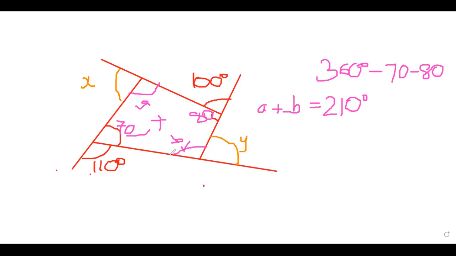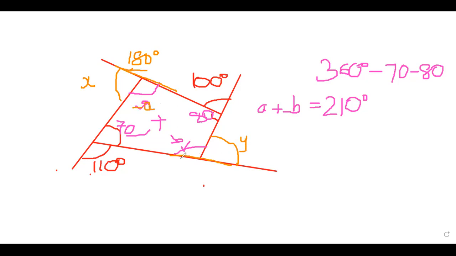Okay. Now, can you see this is a straight line? This is also a straight line. So, if a straight line has 180 degrees, if I want to find X, I must take 180 minus A. Correct or not?